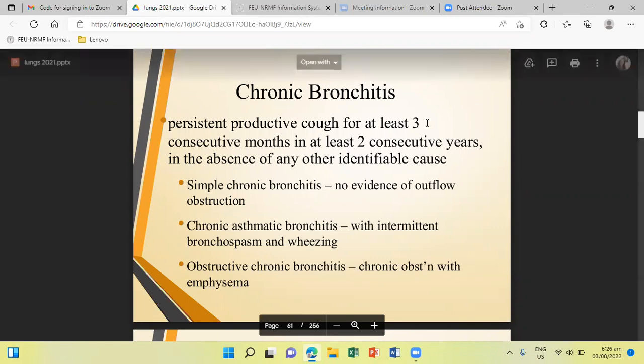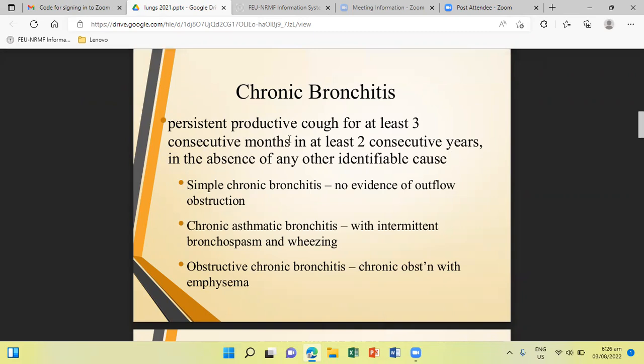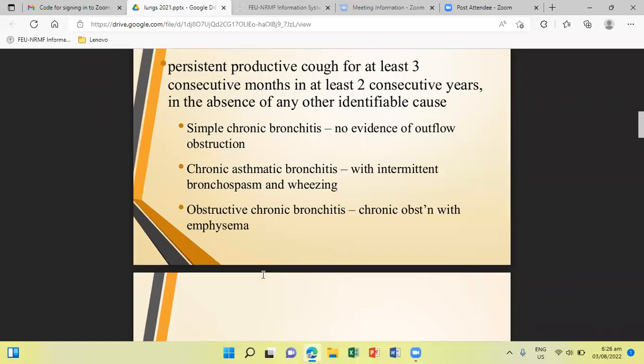So the cough is what you should look for, and again, the duration of the cough. Now, these are the different categories. It may be simple chronic bronchitis, chronic asthmatic, or obstructive chronic bronchitis.